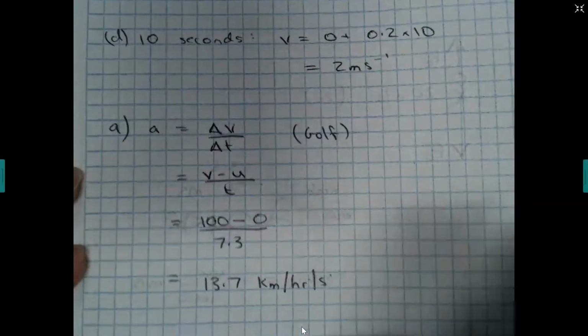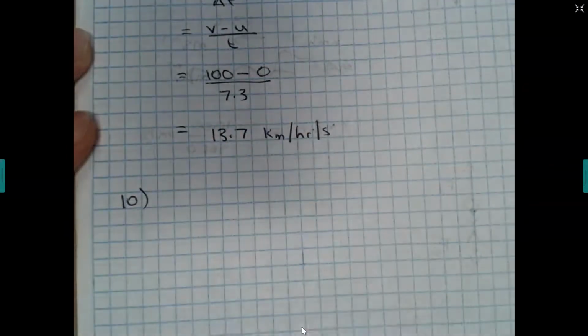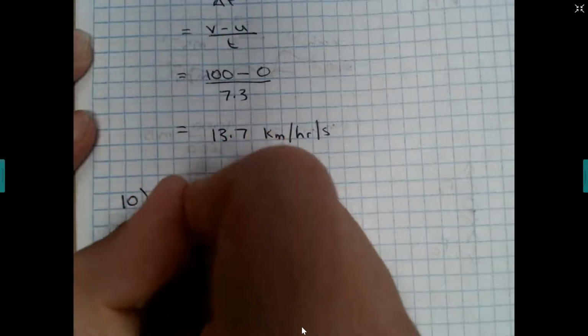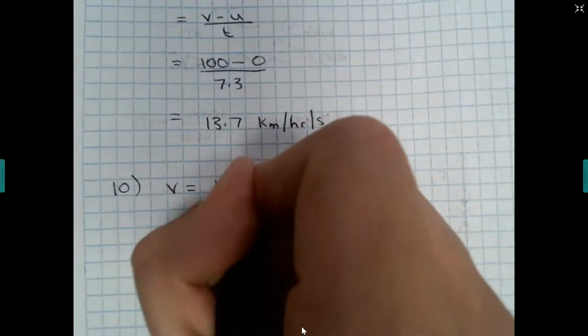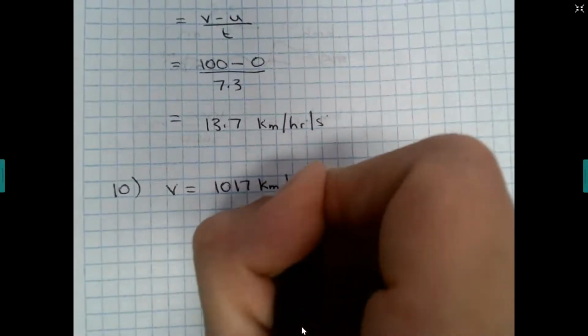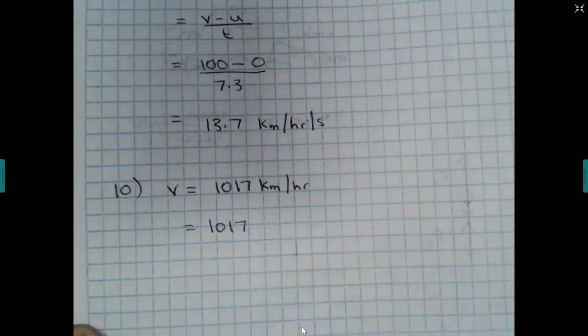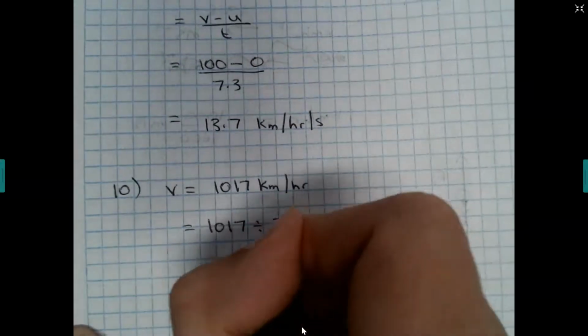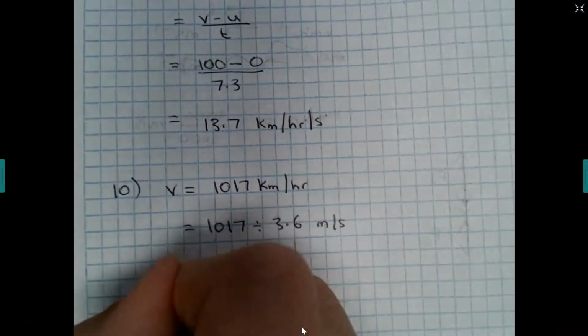So this was question 10. I'll start off by saying velocity equals, what was the initial? 1,017 kilometers per hour, which is equal to 1,017 divided by 3.6 meters per second.